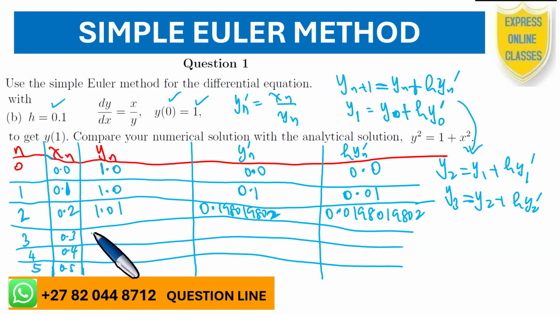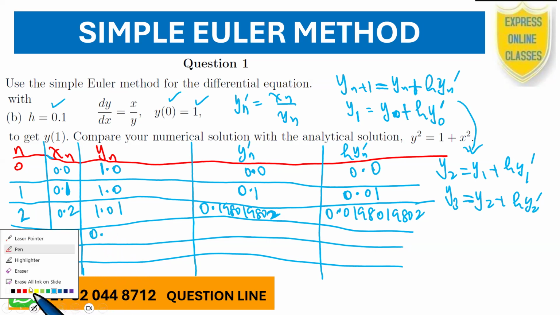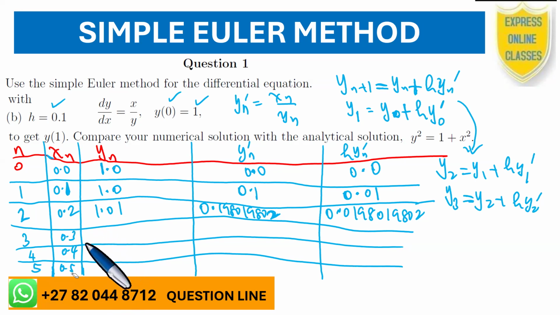Yeah. So it's going to be 1 point... Okay, now at 3, it's going to be 1.0298, 0198. Okay, now you divide the two.